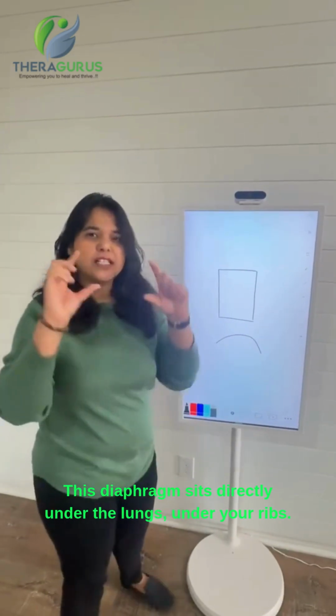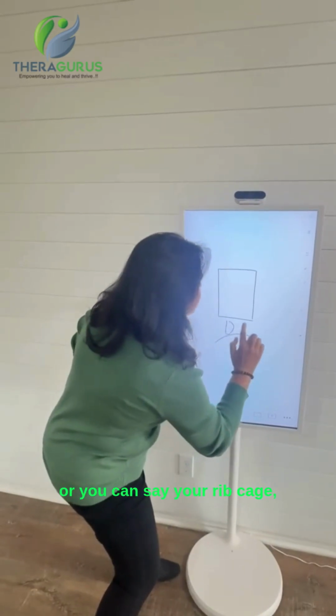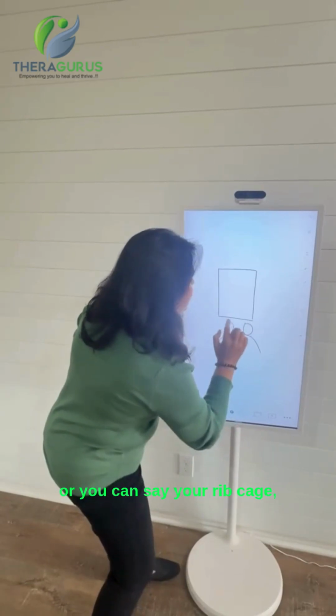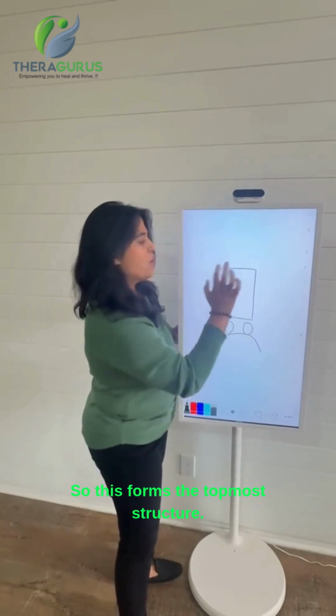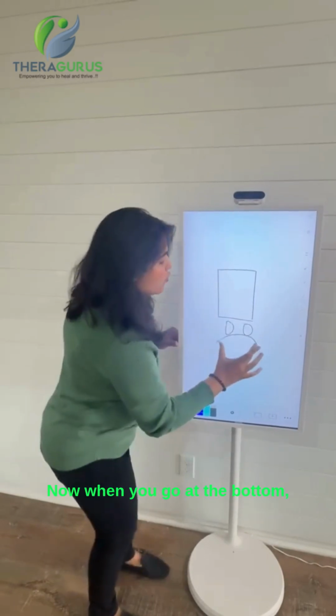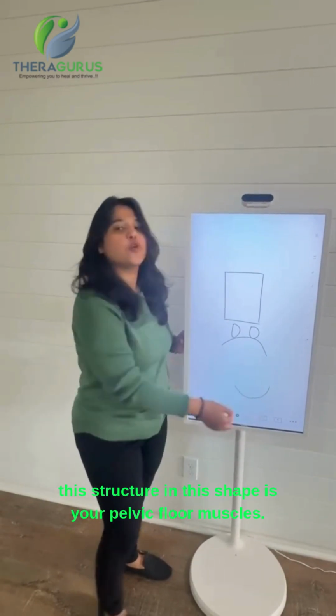This diaphragm sits directly under the lungs, under your ribs. So this forms the topmost structure. Now at the bottom, this structure in this shape is your pelvic floor muscles.